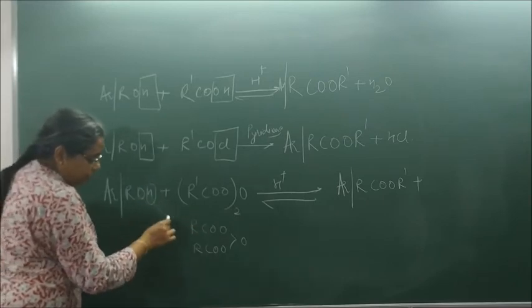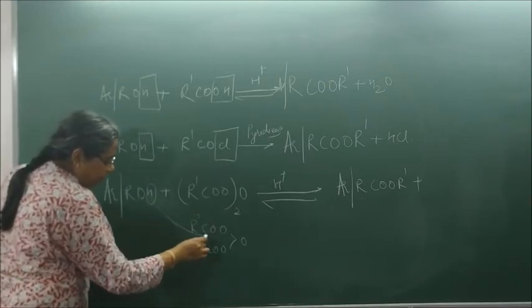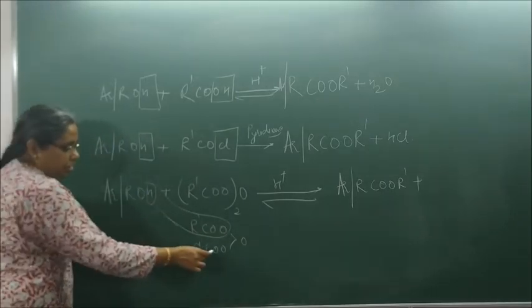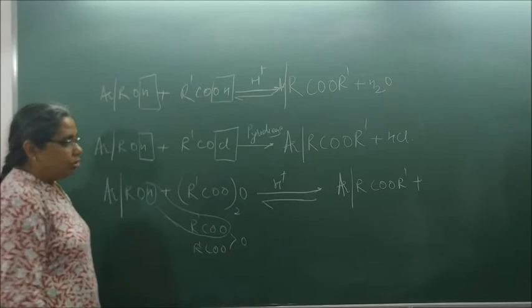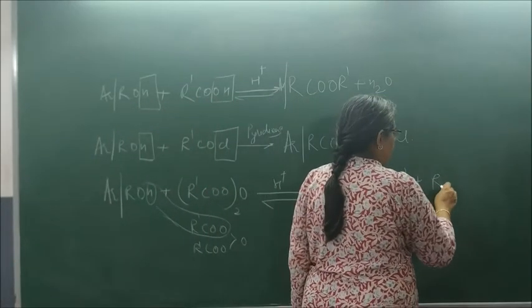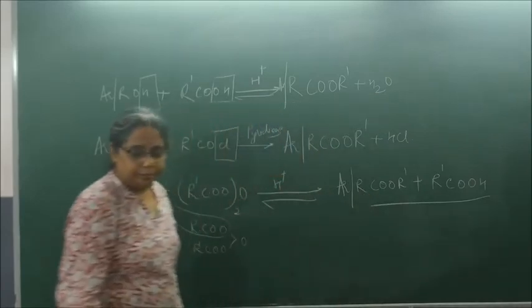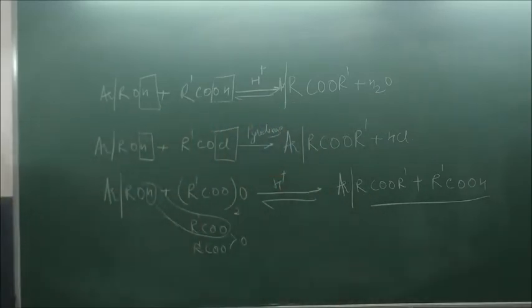One will become the ester ArOCOR dash, and you get plus R dash COOH. Is that right? Understood all the three equations?